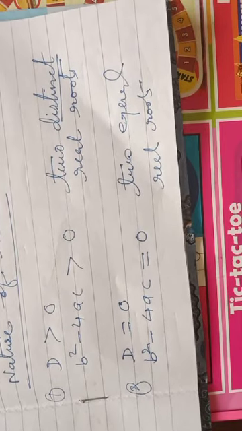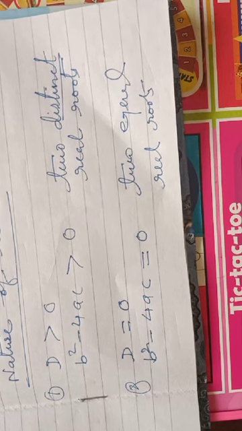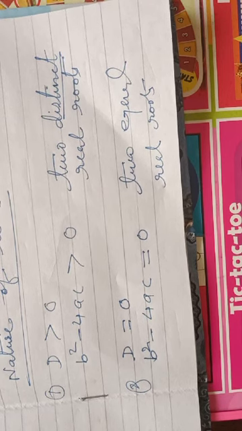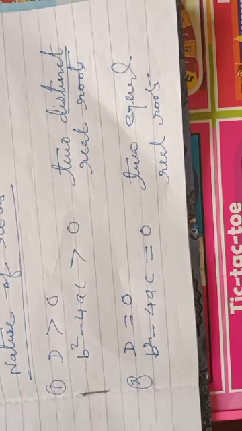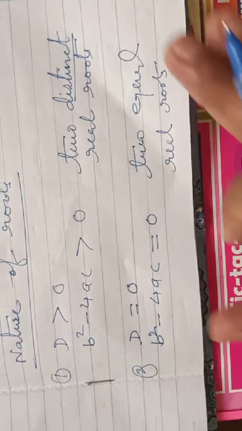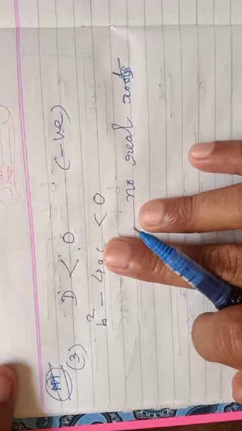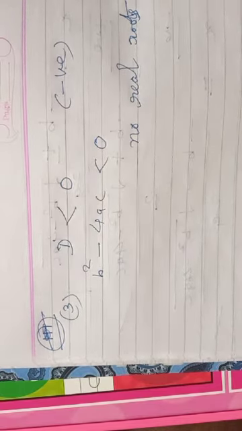Then the quadratic equation has two equal real roots. Suppose one root is alpha, the second will also be alpha. In the third condition, if d less than 0, it means b square minus 4ac is negative, then there are no real roots, and you should stop your solution there.